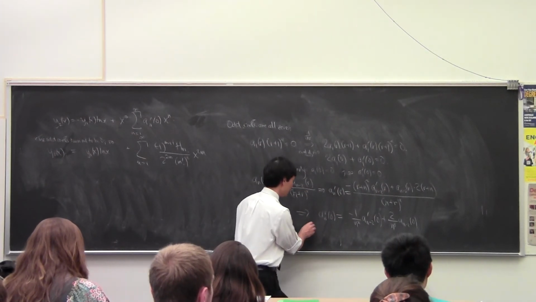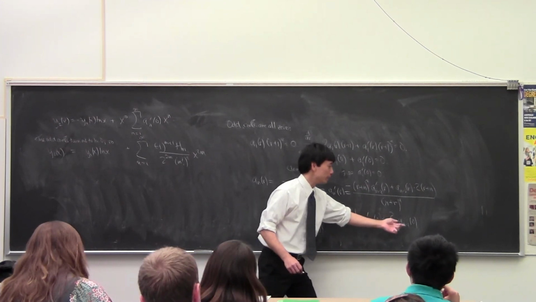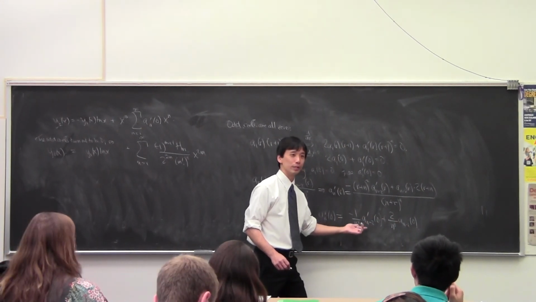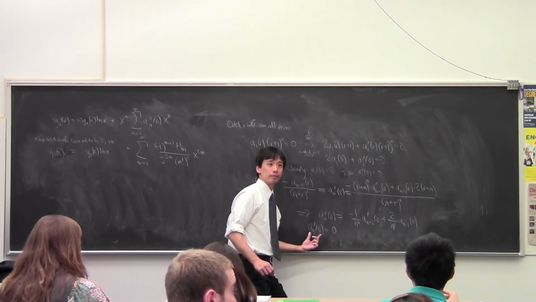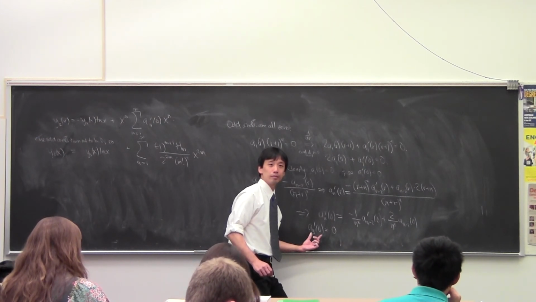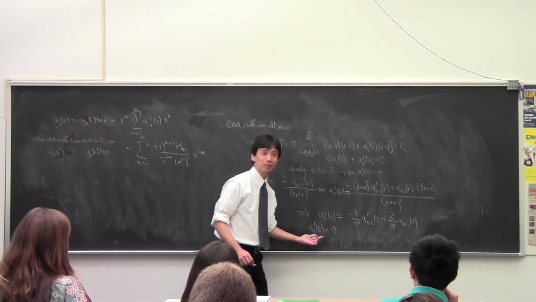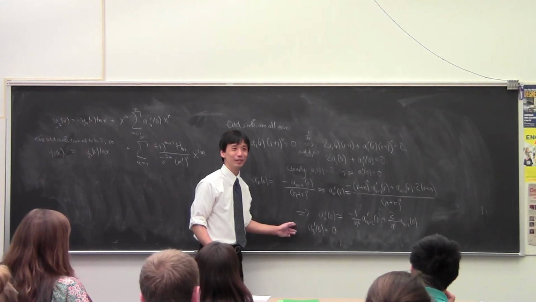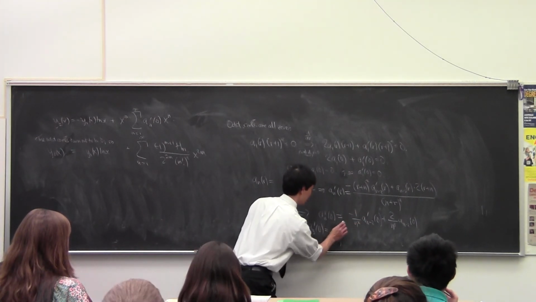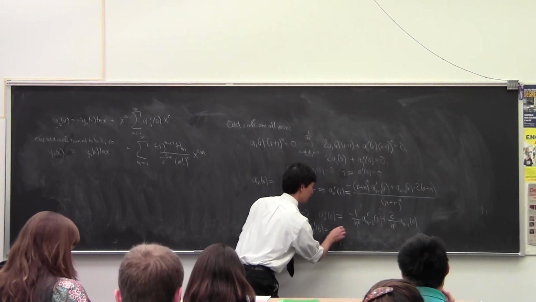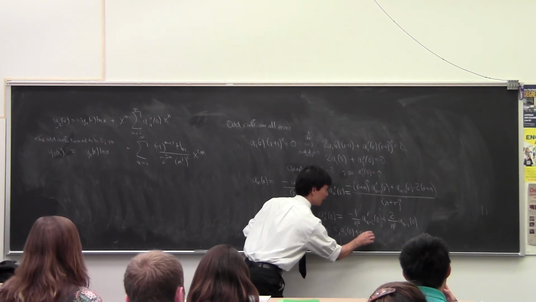You say, well, look, a3 prime(0) is some multiple of a1 prime(0) plus some other multiple of a1(0).